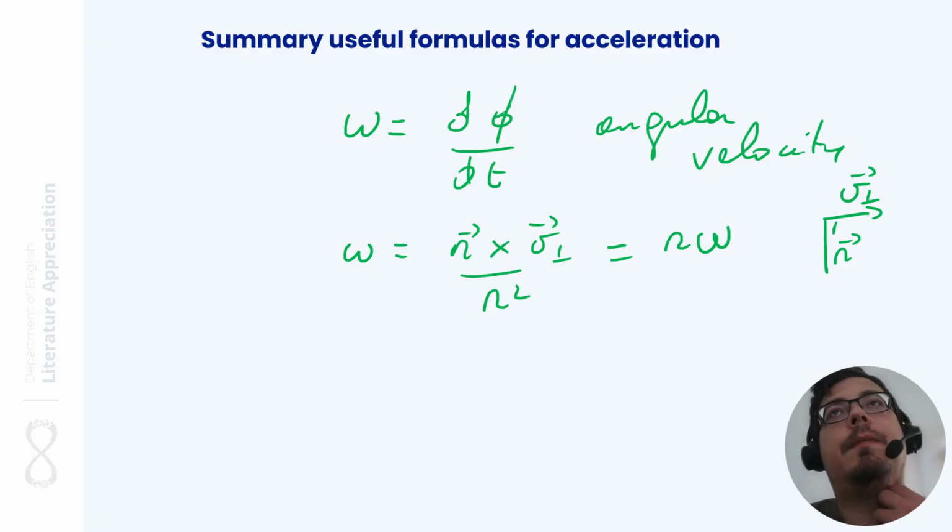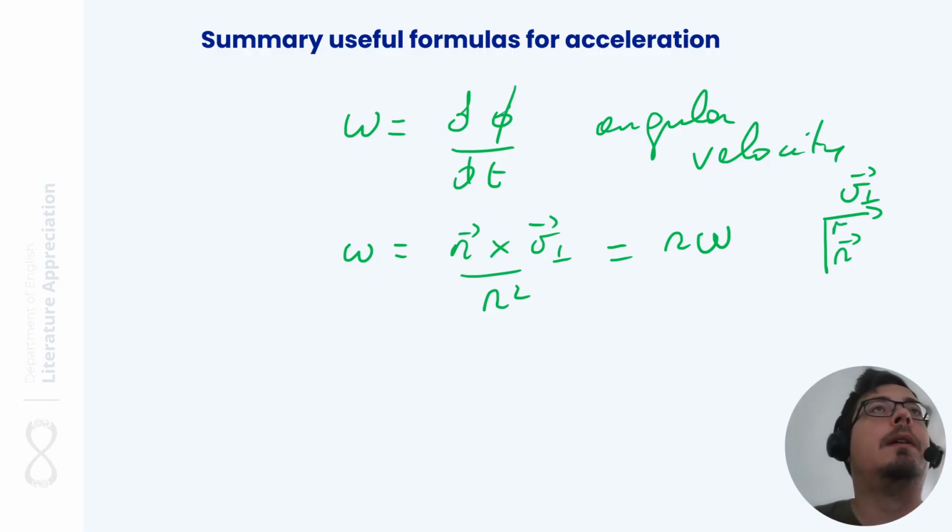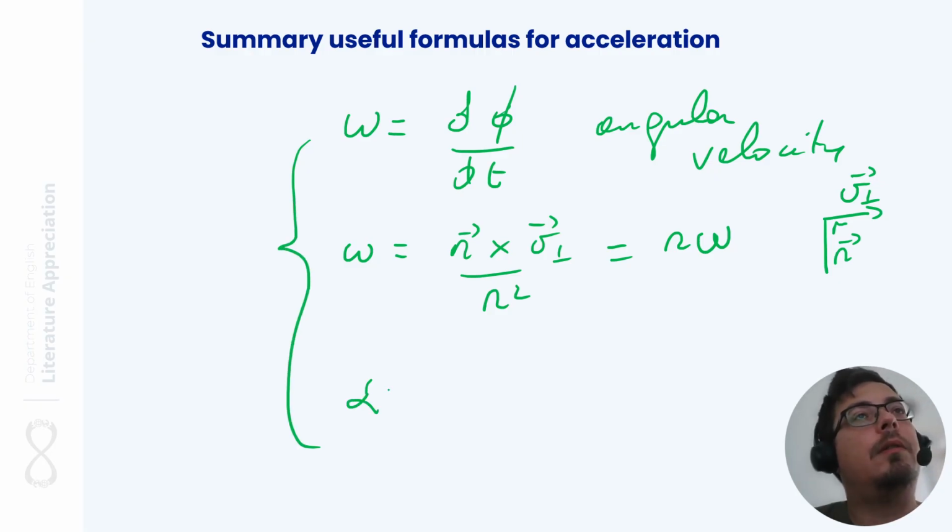So the cross product simplifies, and then we have the acceleration over time.